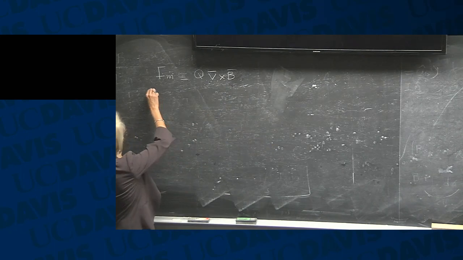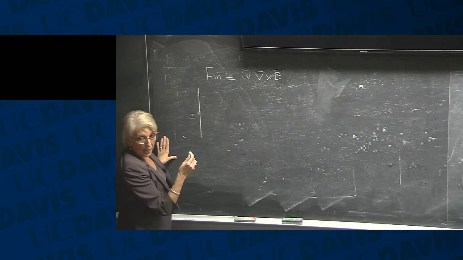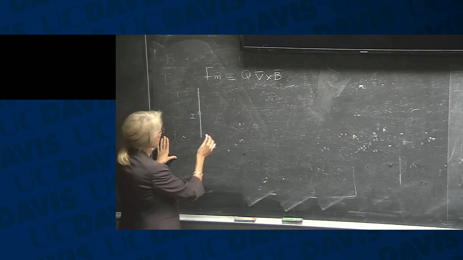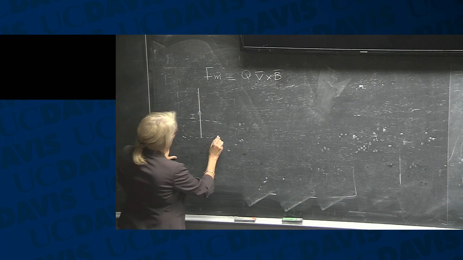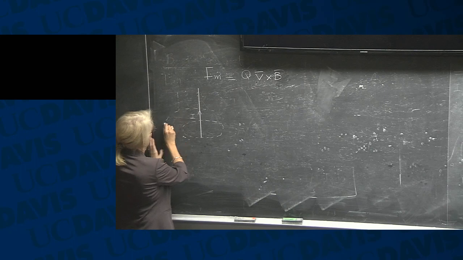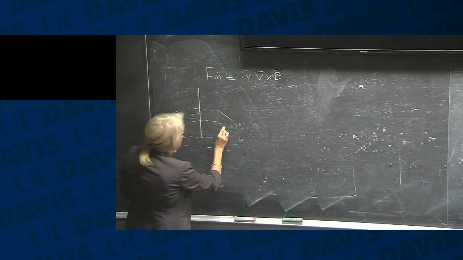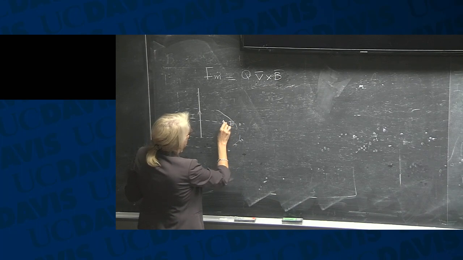We found that if we have a current I that generates a magnetic field B, which is circular, all right? The magnetic field B goes like that. It goes out. And a magnetic field B here goes along the phi direction.